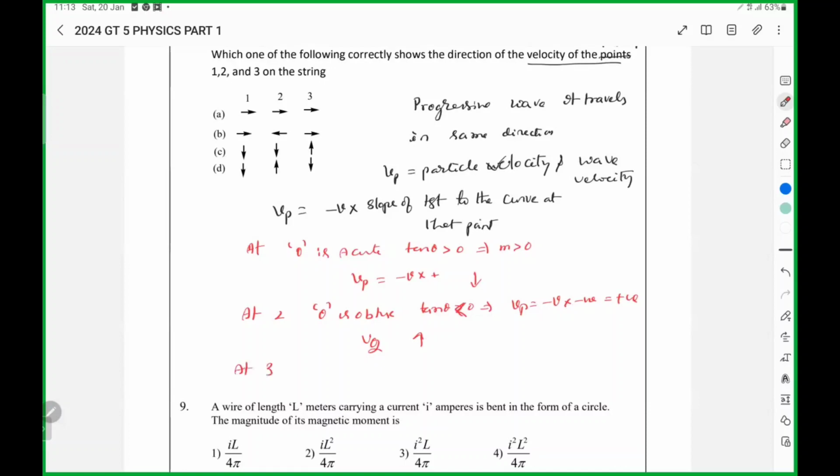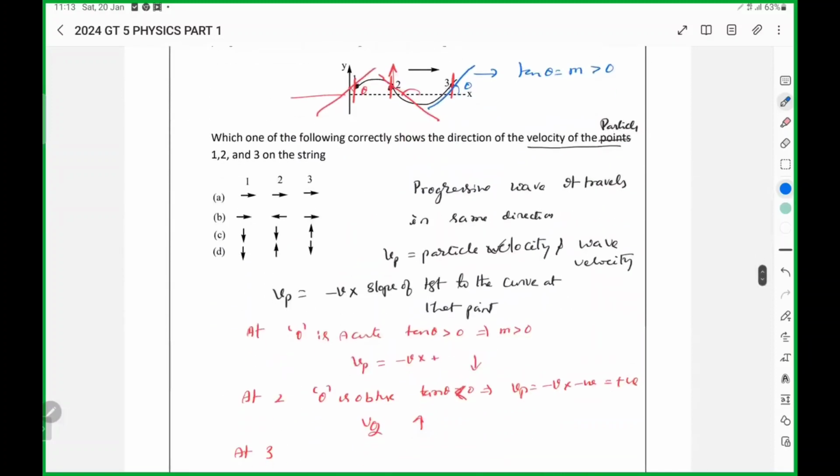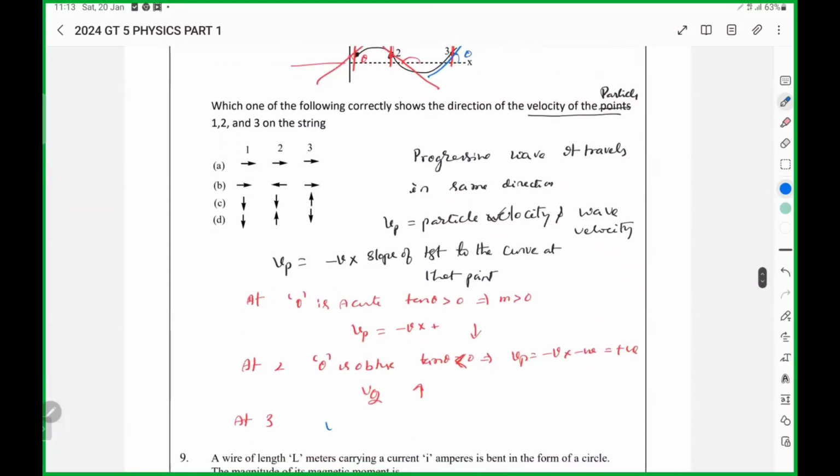At 3, if you draw a tangent, here tan theta is positive, then the velocity of the particle would be downwards.